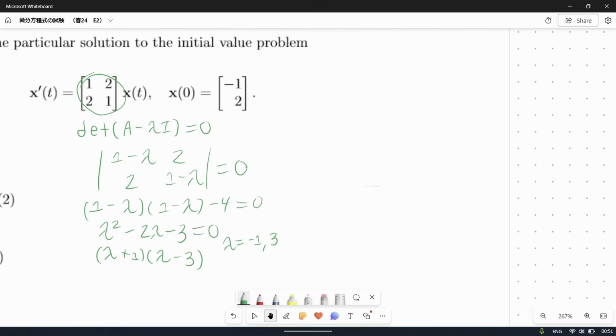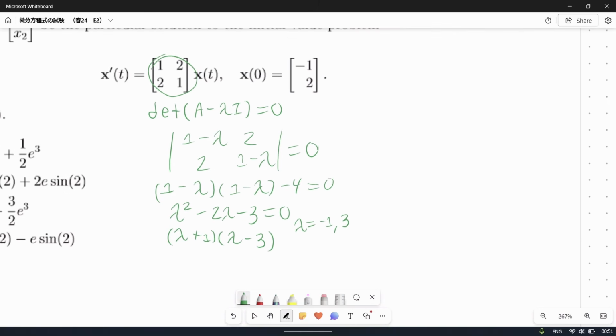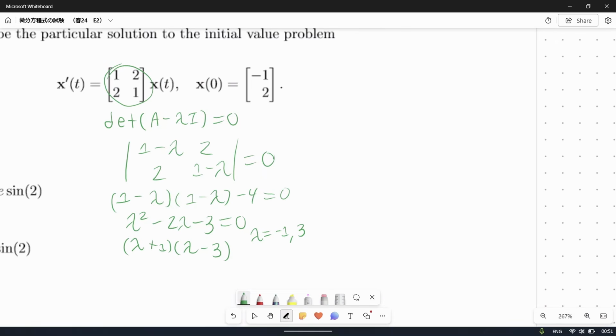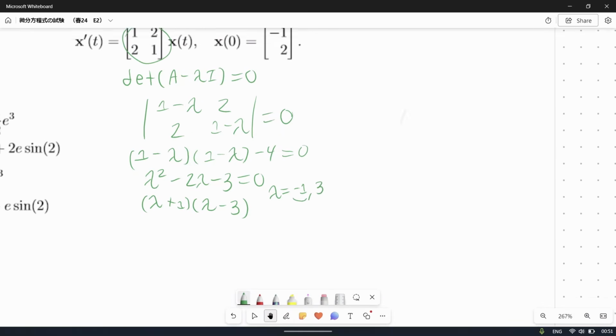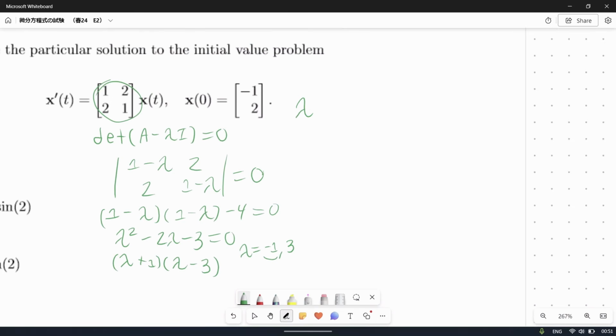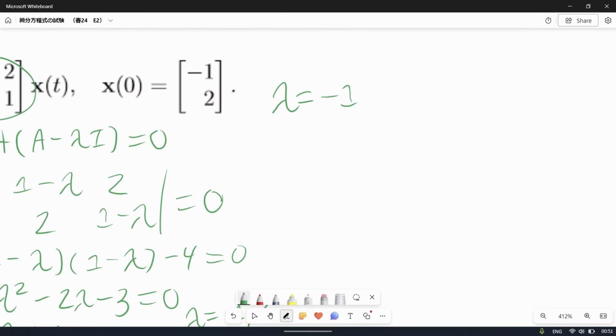And so from here, now we have to find our eigenvectors. To do that, we're going to plug our eigenvalues back into this matrix over here, and set up an equation that looks something like this. I'll start with the first eigenvalue, negative 1. When lambda is equal to negative 1, the matrix ends up looking like this, where you have 2, 2, 2, and 2.